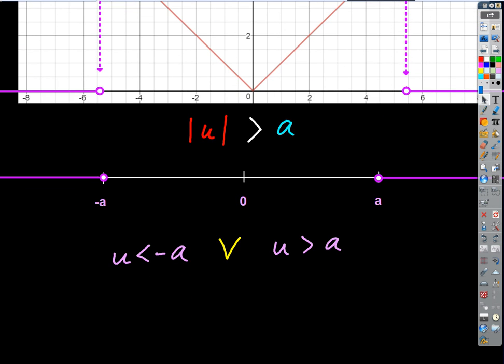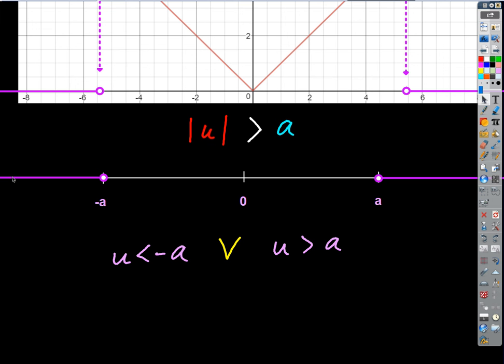So in other words, if we start off with the absolute value of u, an isolated absolute value, is greater than some number, call it a, then instead of being the region between the endpoints, it's going to be the extreme values. It's either going to be where u is greater than a, so really big positive values, or u is less than negative a, so very large negative values that are way out there.